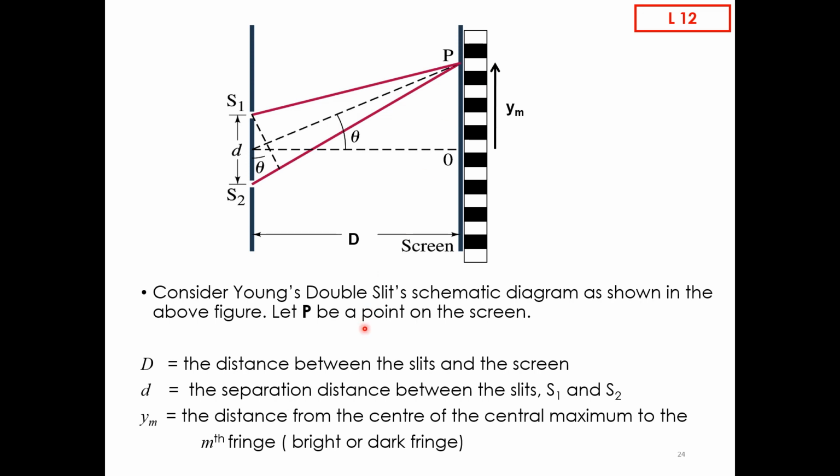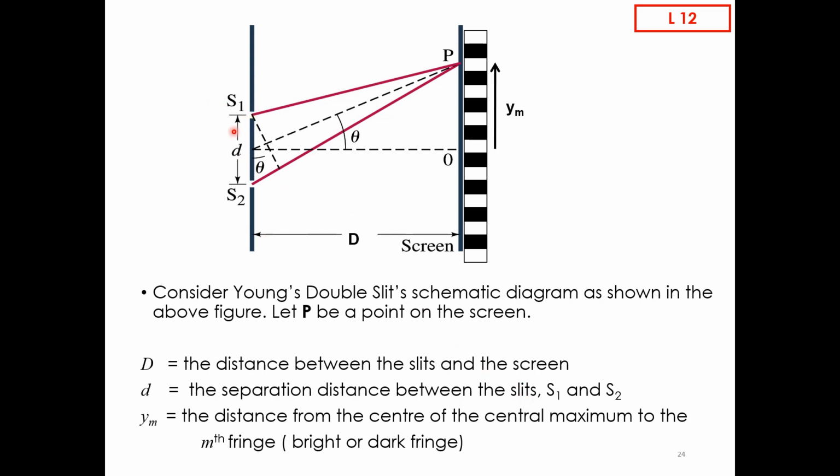Point P will be a point on the screen. Capital D, what is capital D? Capital D is the distance between the slit and the screen. Small d is the separation distance between slit 1 and slit 2.